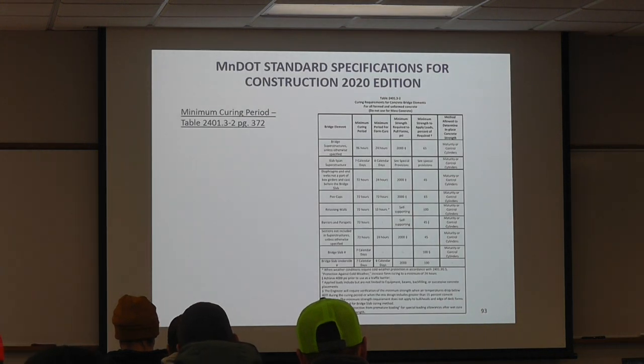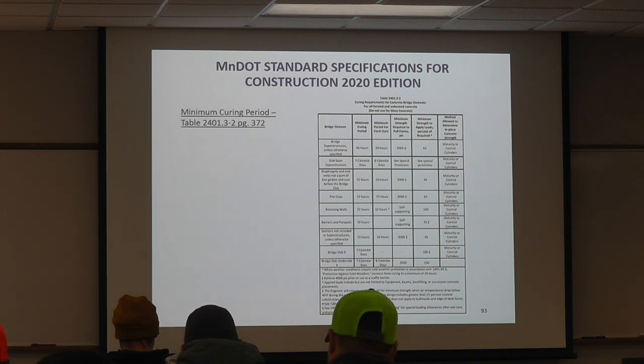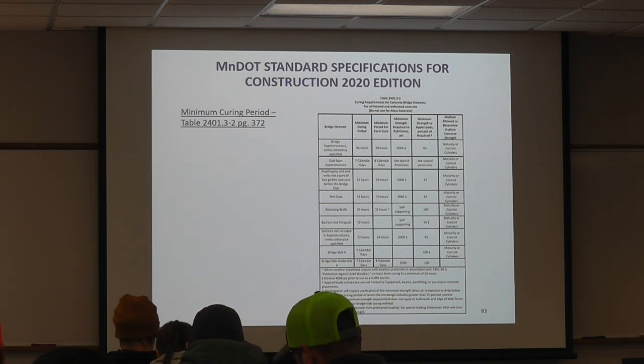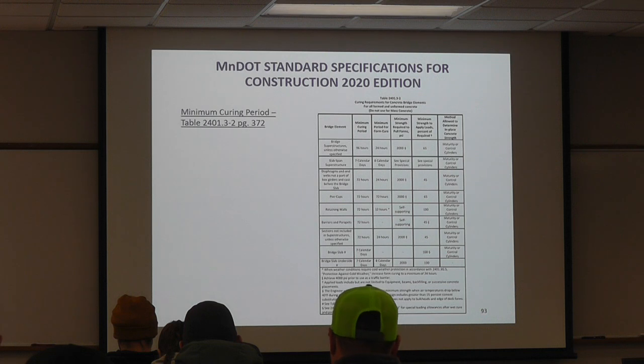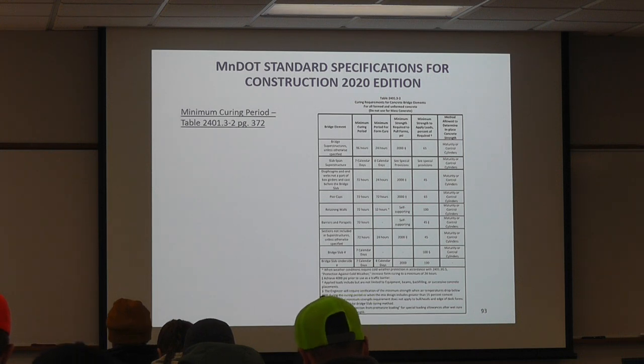And minimum curing period. So we're going to talk about this one quite a bit, but for page 372, this is our first exposure to this, and you're going to be very familiar with this chart at the end. So just open your spec or find this spec, it's 2401.3-2. You're going to want to know how to find it and how to use it.